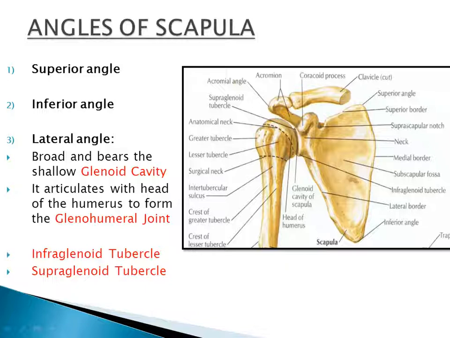So just above the glenoid cavity there is a tubercle which is called as supraglenoid tubercle. Similarly, below the glenoid cavity there is an infraglenoid tubercle. Both these tubercle give attachment to the muscles of the upper limb.